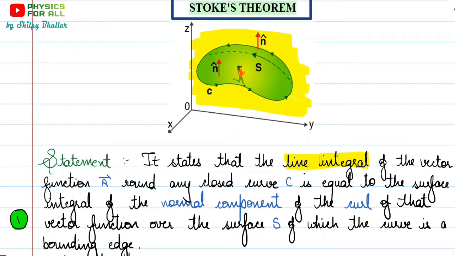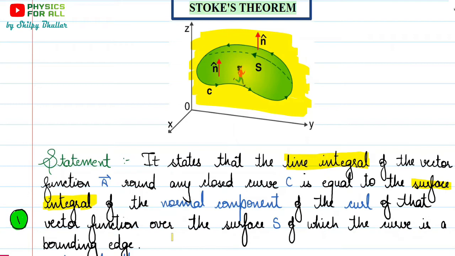The statement says that the line integral of the vector function A round any closed curve C is equal to the surface integral of the normal component, so n cap has to be there, of the curl of that vector function over the surface S, of which the curve is a bounding edge.